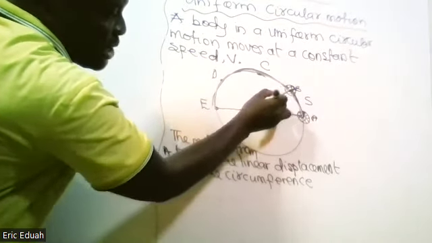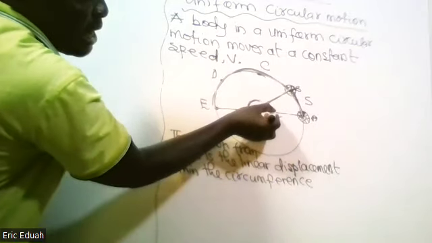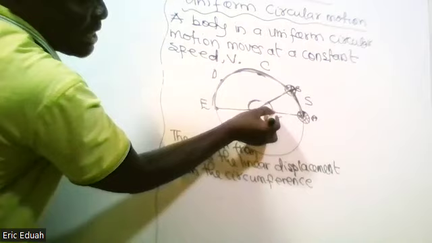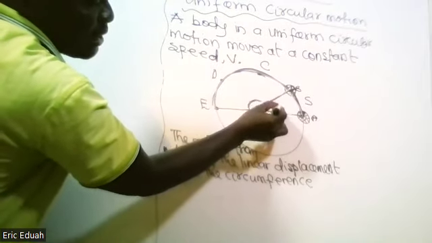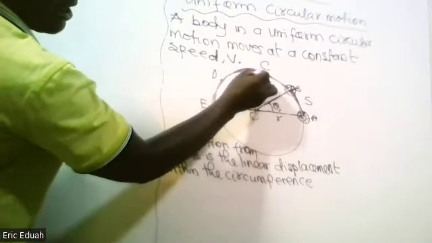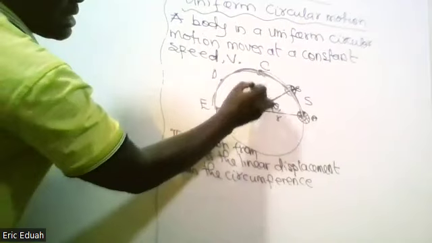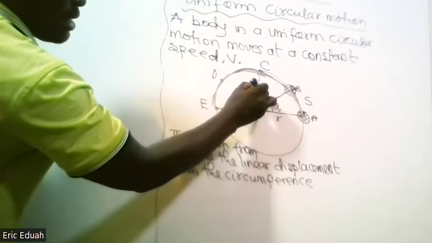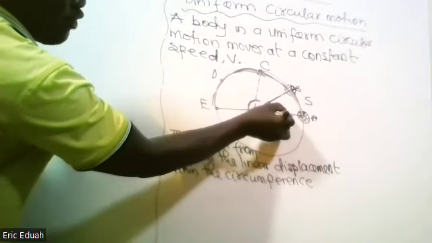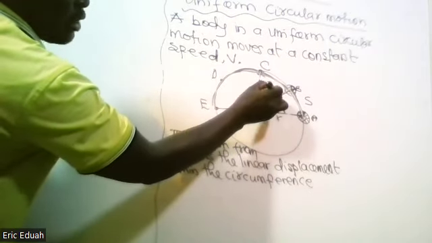So let's demonstrate this way. From A to B, this is the linear displacement, and this is the angle swept at the center, theta 1. From A to C, this is the linear displacement, and this is the angle swept at the center, theta 2.